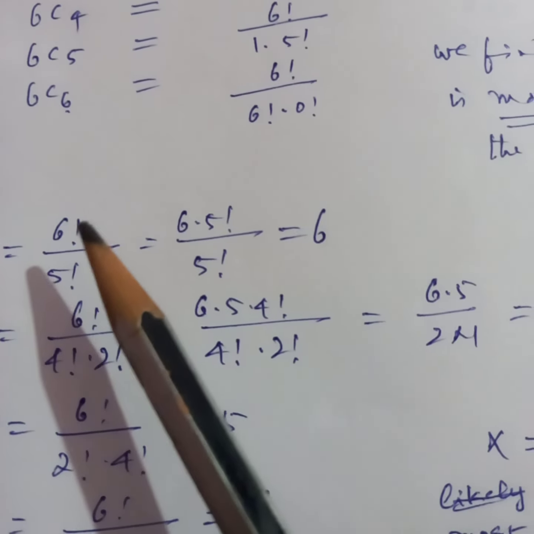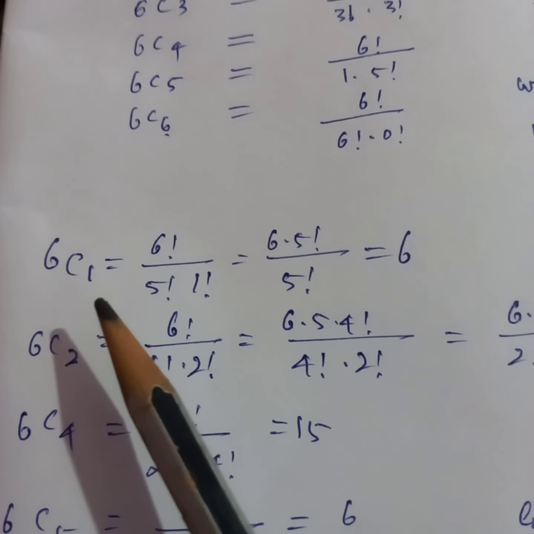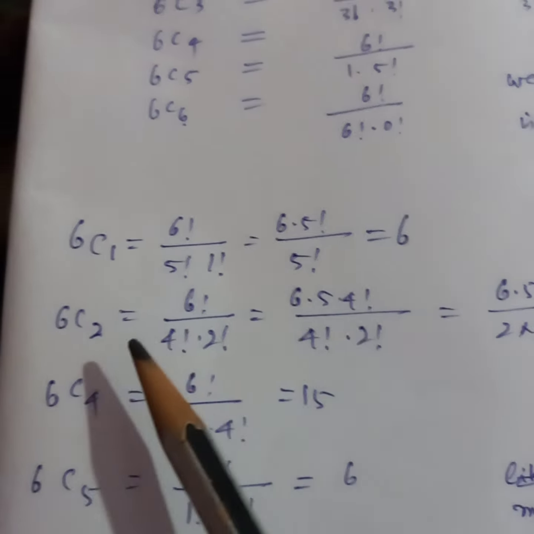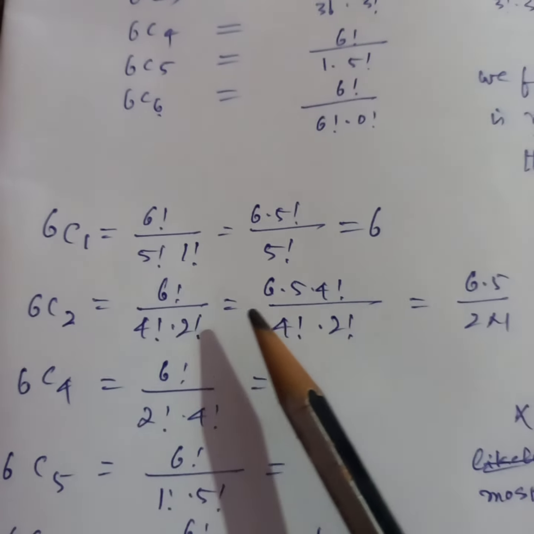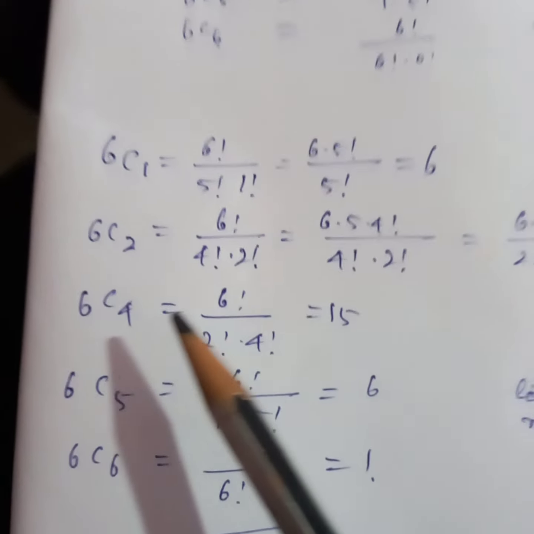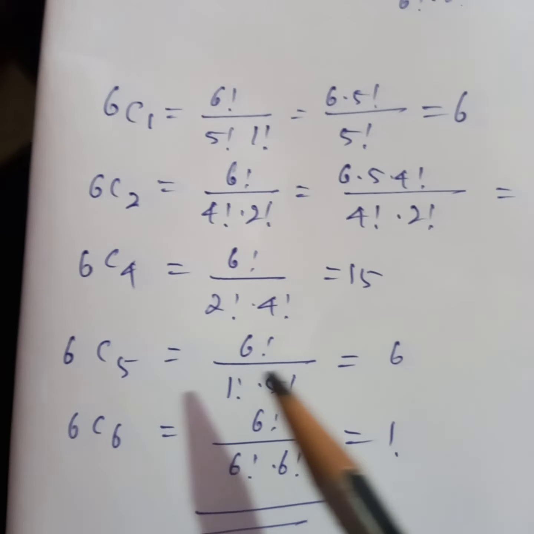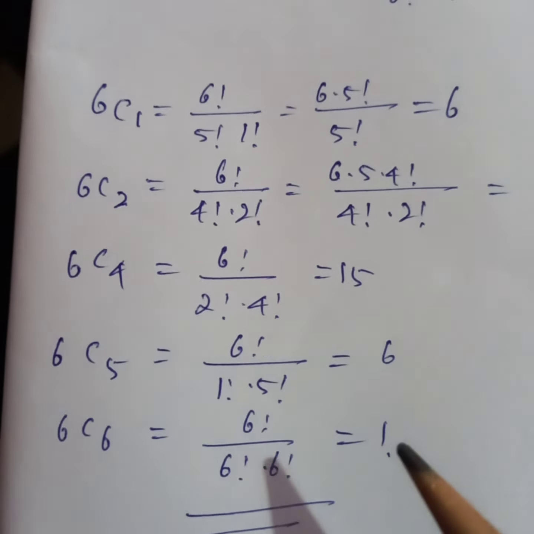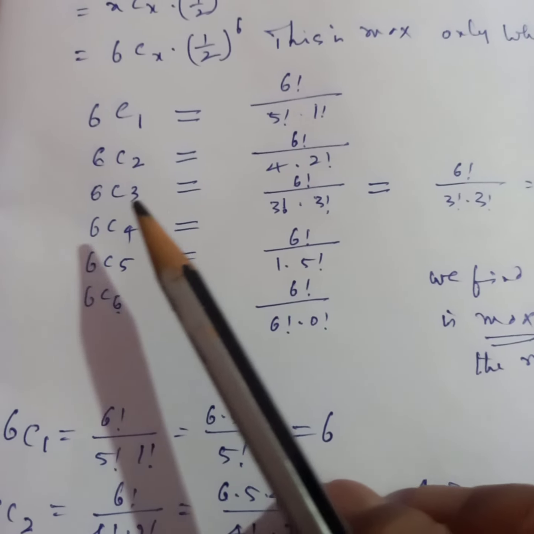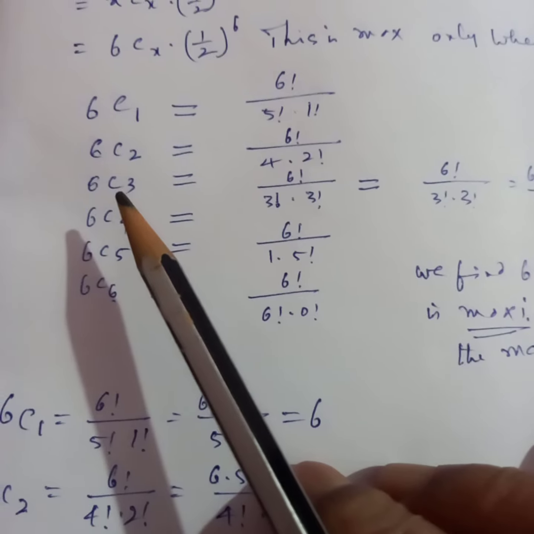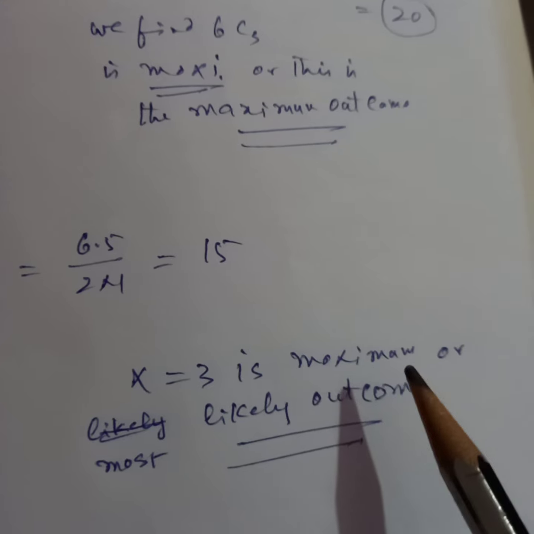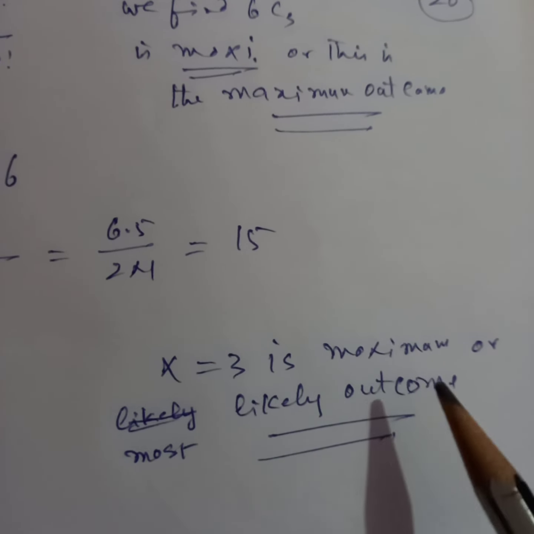Okay, 6C1, 6 factorial by 5 factorial, 1 factorial, that is 6 only. 6C2, look here, that comes to 15. And here 6C4, that is also 15. 6C5, that's also 6. 6C6 is 1. So 6C3 is 20. This is the maximum, and therefore we can say x is equal to 3 is the most likely outcome.